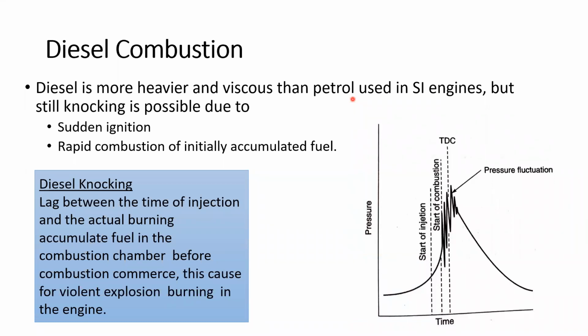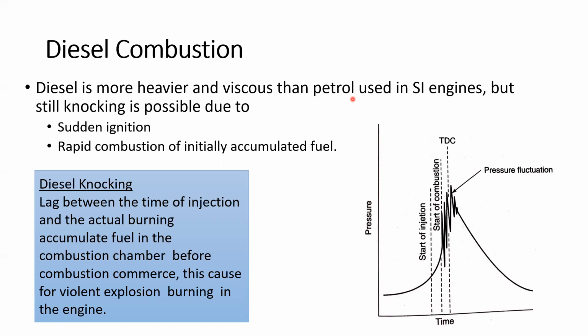But if this is not properly injected, if there are any issues in the injector, this could create accumulated fuel. If there's too much fuel in a certain area, that could create a violent outburst.